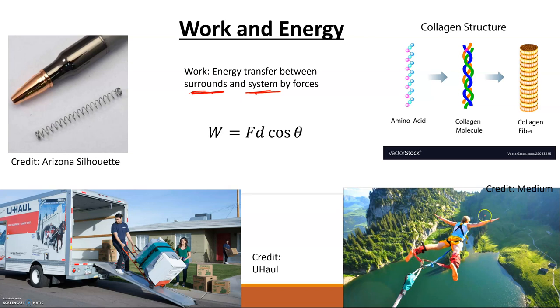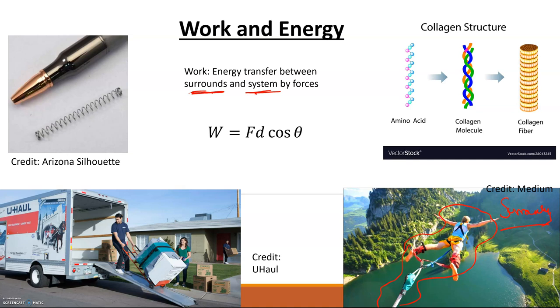In this bottom right picture of the bungee jumper, the system would be the person and the bungee, and the surroundings would be everything else. So much like with forces, when we had to choose what our system was to draw a free body diagram, with work and energy, we are going to have to define what our system is. Everything else becomes our surroundings at that point.